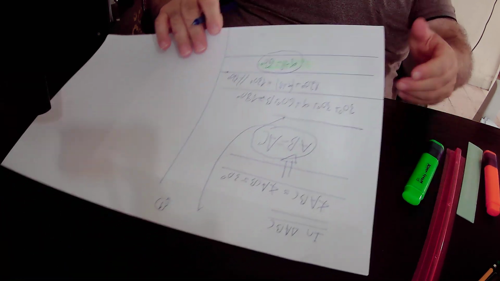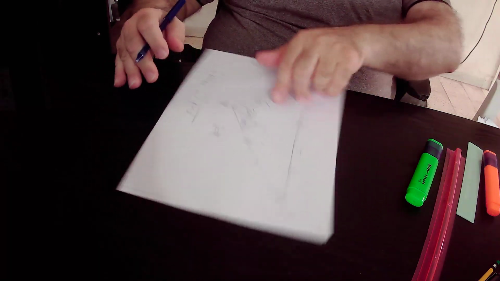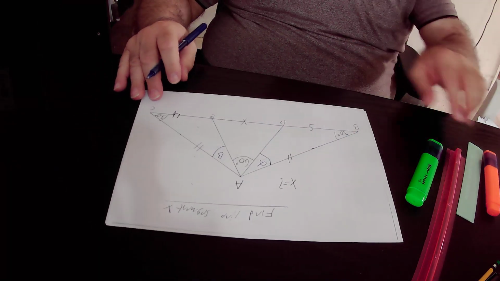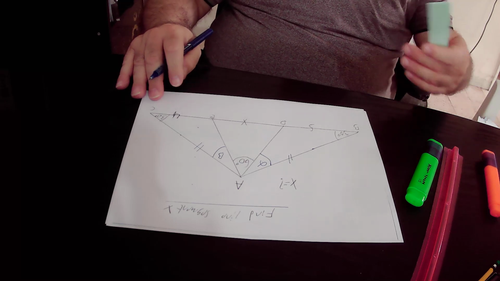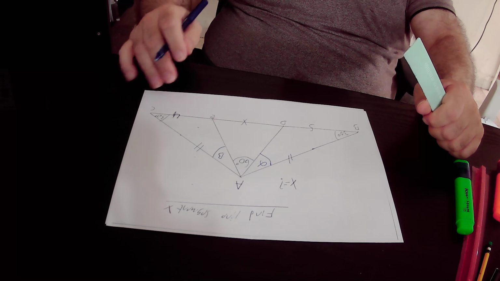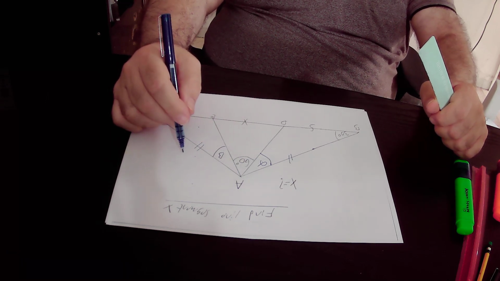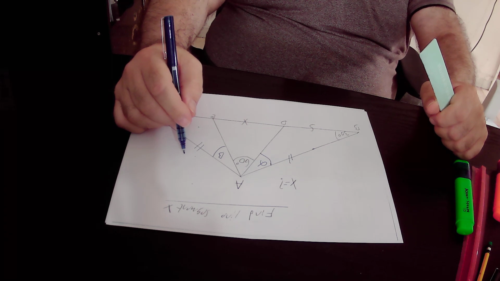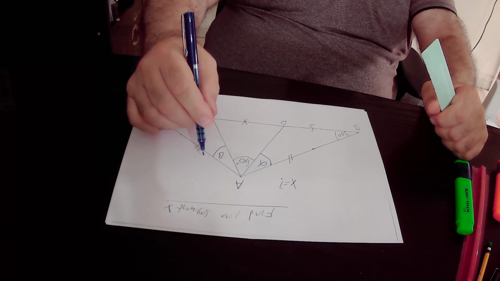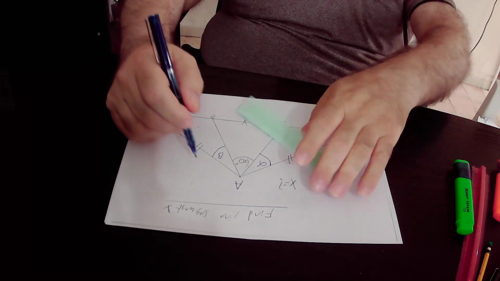In the next step, we'll do two constructions. In the first construction, from point A, we draw a straight line in such a way that the angle between the straight line and side AC will be equal to alpha.